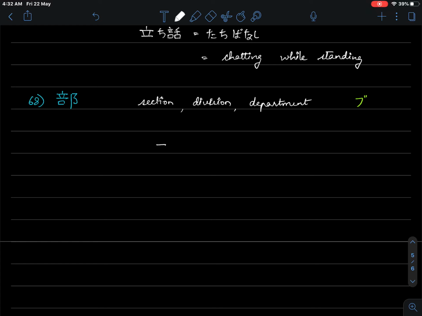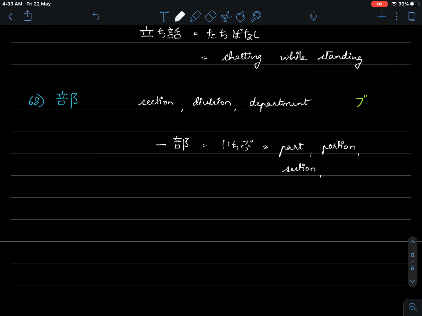So let's quickly look at some words for it. That stroke is so difficult to write. Okay, so this is going to be read as ichibu, which means part, portion, section.